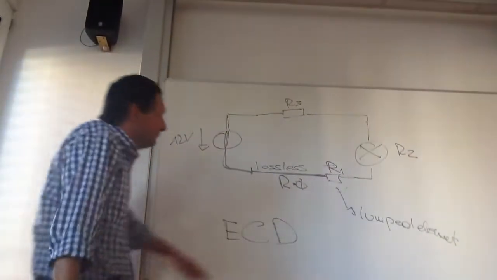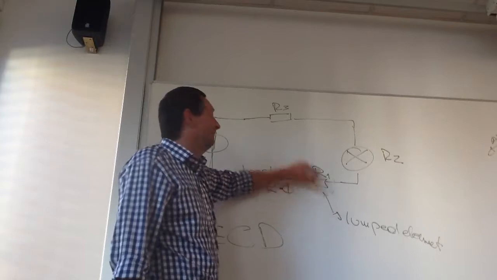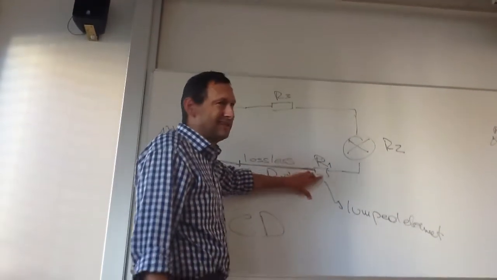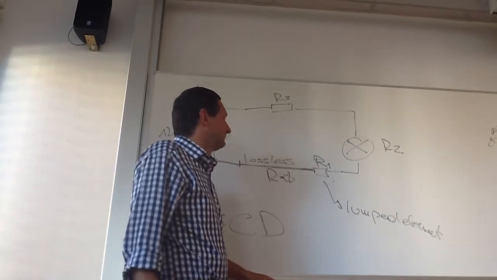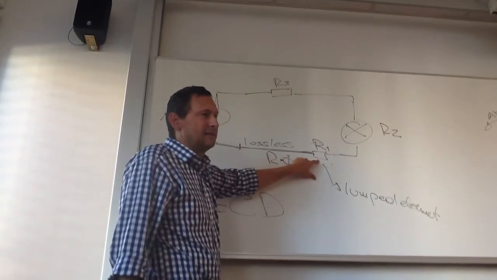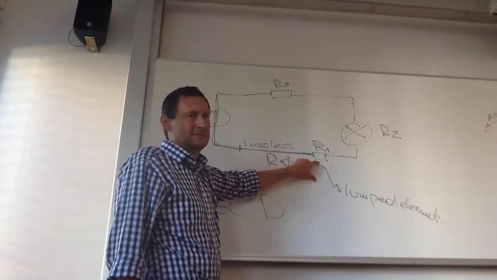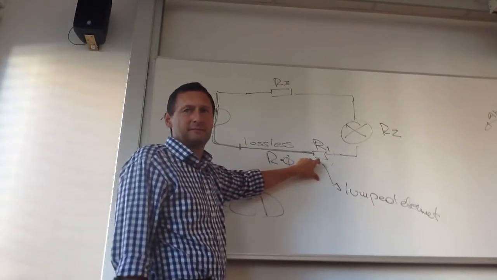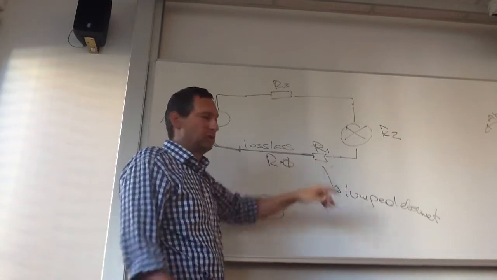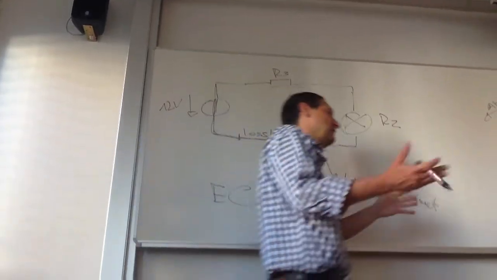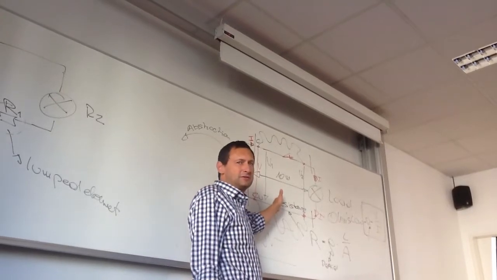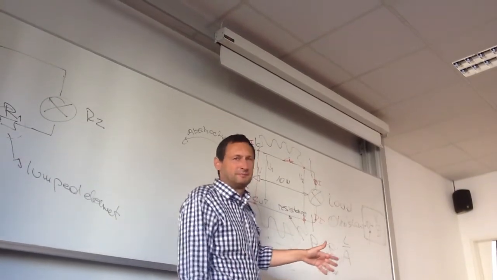The properties might be the same as R1. And these R's are just called resistances. That's an ohmic resistance. You can buy resistances, or you just get them in your circuit by nature.